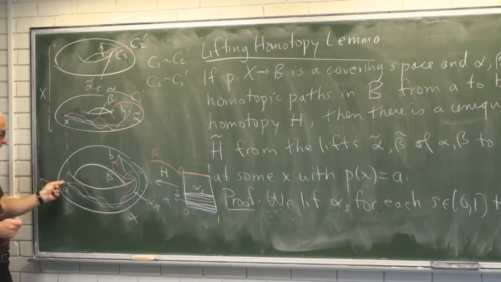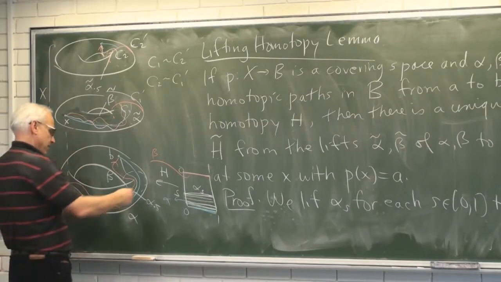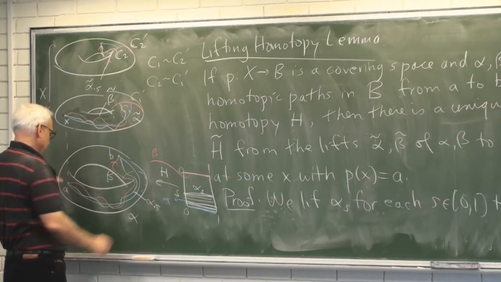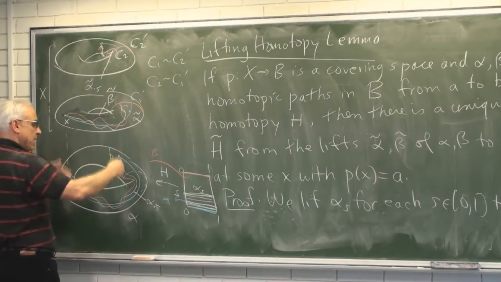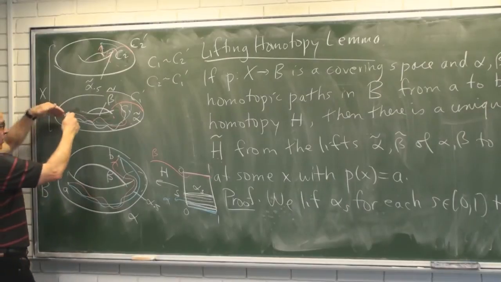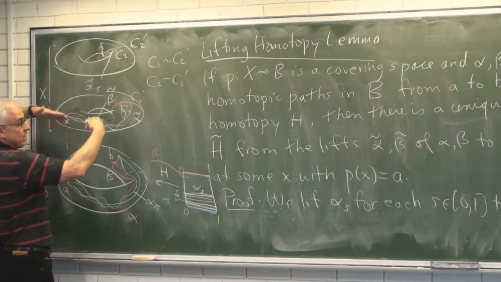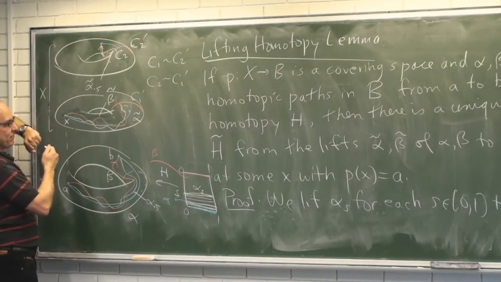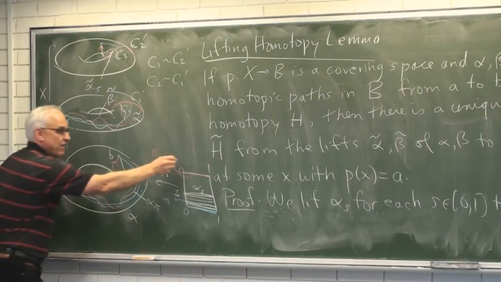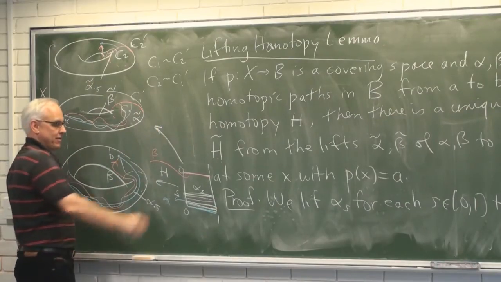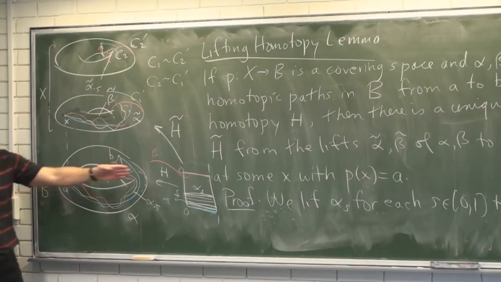They'll all start and end at A and B respectively, because at each point everything is continuous, and alpha and beta start and end at A and B, and we're just maintaining that. So we end up with a family of paths up here giving us a motion picture view between alpha tilde and beta tilde. So we are lifting this homotopy. That's essentially a definition of the lift of the homotopy.